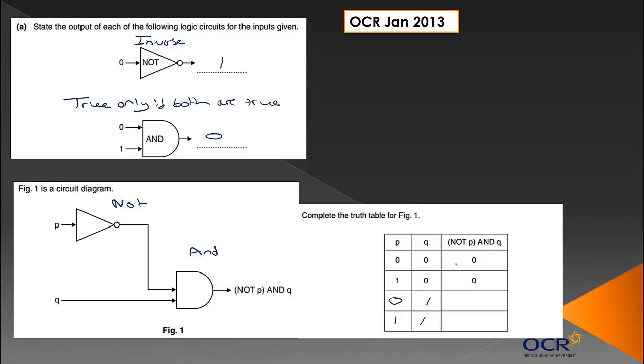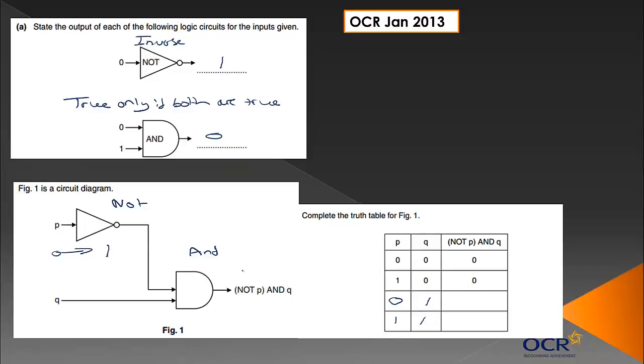For our output, we need to work through this bit logically, a bit of a puzzle. First things first, we need to do what's in the brackets first. We've got to inverse this because this is a NOT gate. I input 0 and we need to inverse it to get our output, so the opposite of 0 is 1.